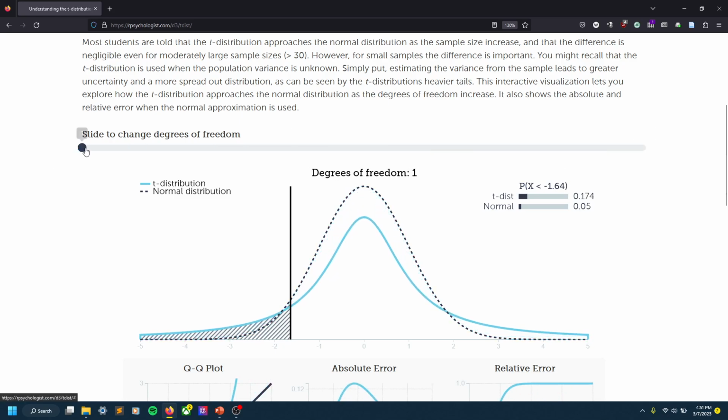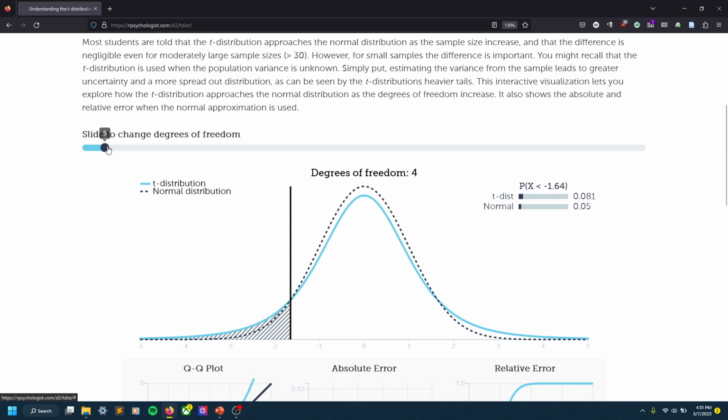Let's go back here to show a more gradual change. 1 to 2, 2 to 3. As we do this, you can see those tails are coming down and approaching the x-axis. Therefore, the probability of a value in these rejection regions is lower.